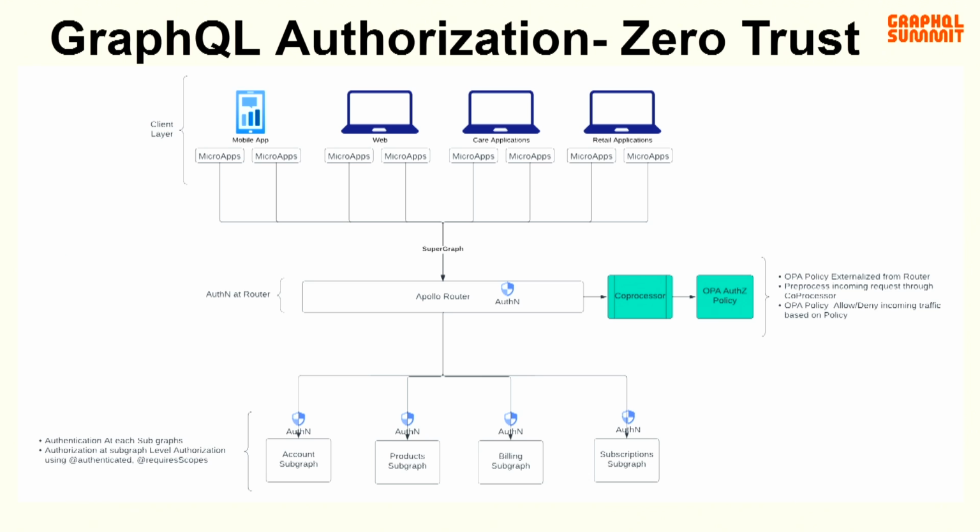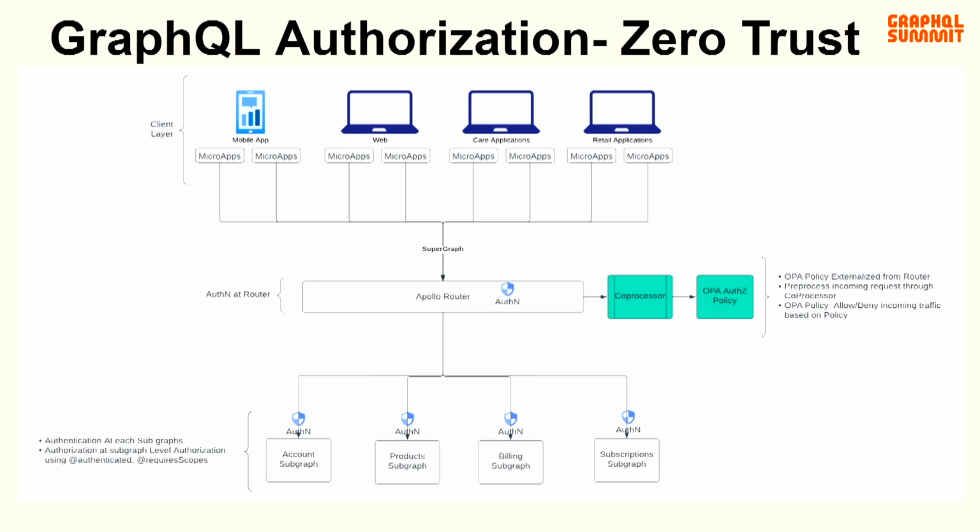By doing this, we are externalizing the policy decisions outside of the router and the subgraphs. One more thing I wanted to stress is the authorization policy manager does not enforce the policy, but only provides the decision. The enforcement still happens at the router level, so that if the policy is successful, the traffic is passed through. If the policy fails, the traffic is denied.